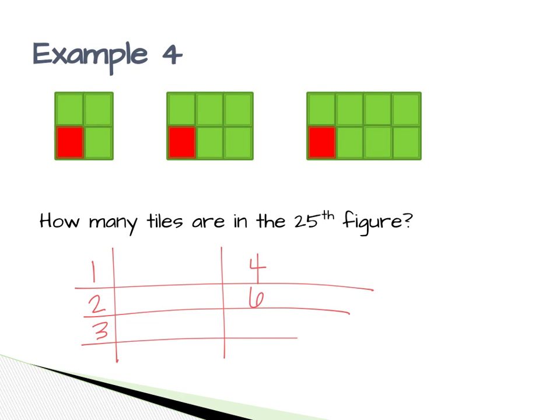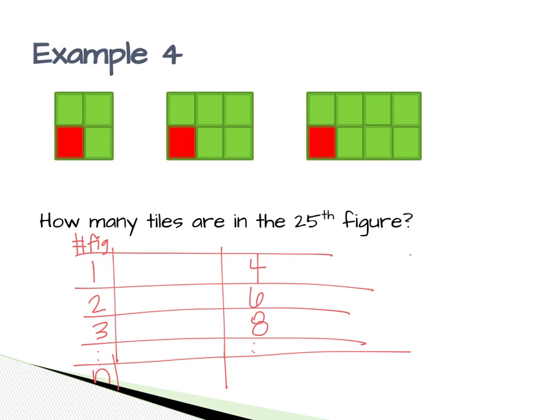In the third, there are 8. In the nth, how many are there? So, this first column is going to be number figure, the second one is going to be process, and the third one is going to be number tiles.